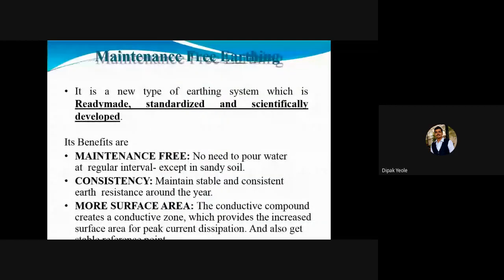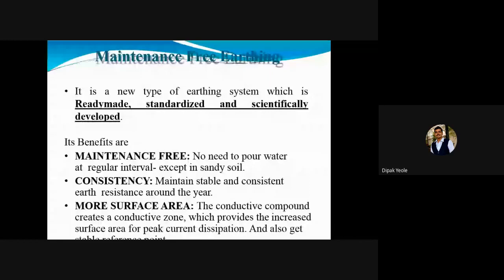We are interested in the second method also, and the second method is maintenance free earthing. We always want an electrical equipment or electrical system which doesn't have maintenance. But if there is no maintenance, you can say that the cost of that equipment is very high. Yes, it is for the earthing system also. You can say it is a new type of earthing system which is ready-made, standardized and scientifically developed. Yes.